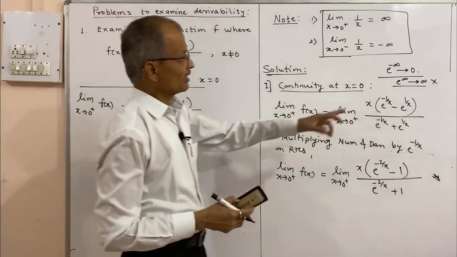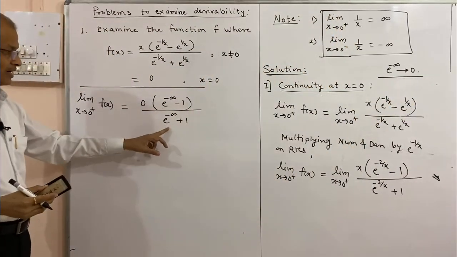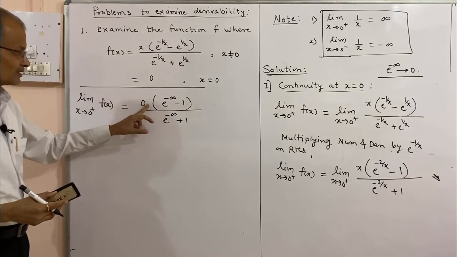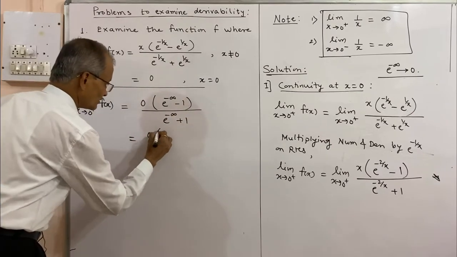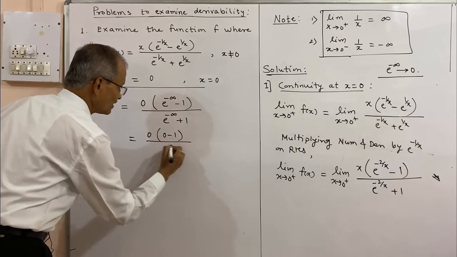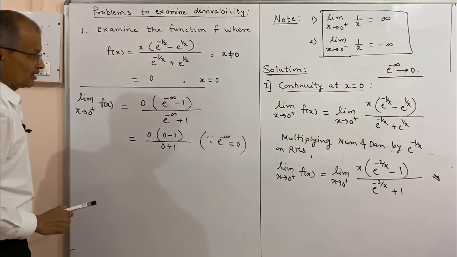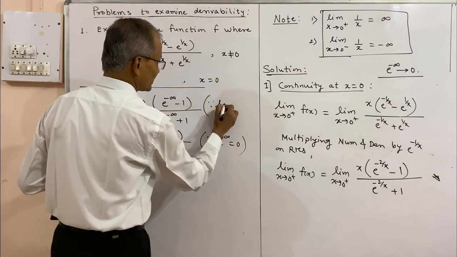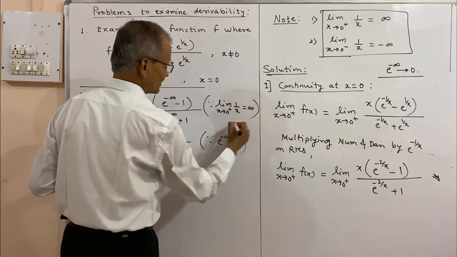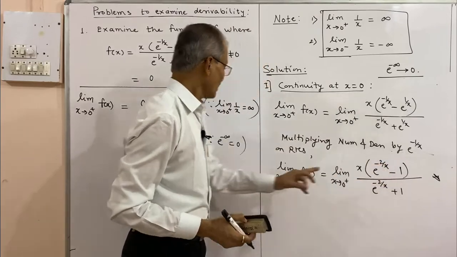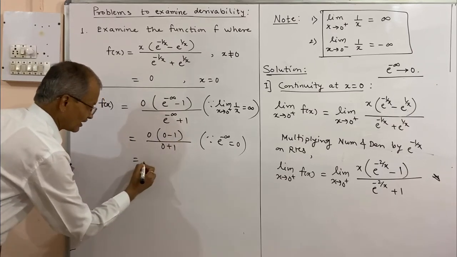Now e raised to minus infinity tends to 0, and therefore this is 0 into 0 minus 1 divided by 0 plus 1, since e raised to minus infinity is 0, and here we have used that the limit as x tends to 0 from the right of 1 by x is infinity. So this is 0 into minus 1, that is 0.